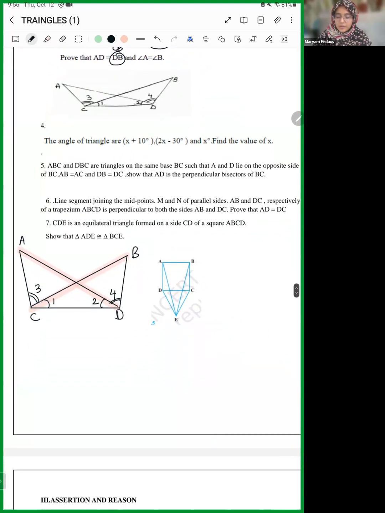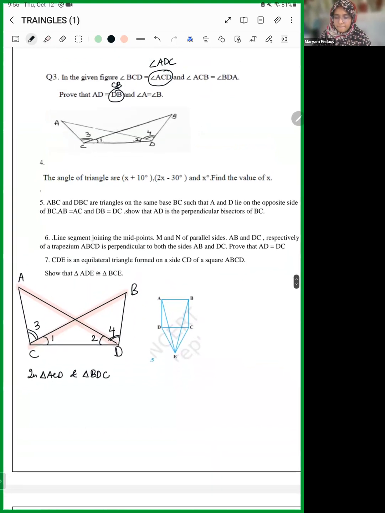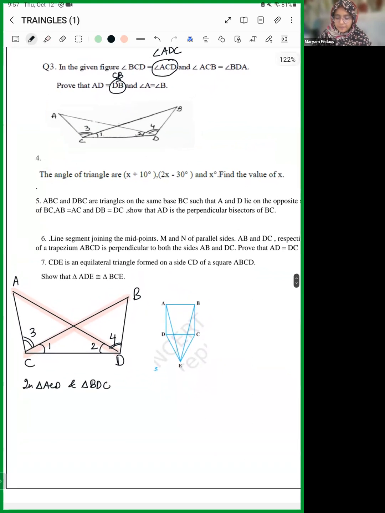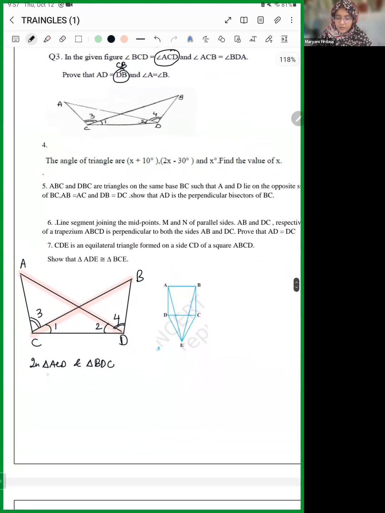You can just take these two triangles, triangle ACD and triangle BDC. Then in this, what all are equal? Here, CD is equal to CD, common side. Let's just see what these two triangles look like. They look like this and this, where this is CD, CD.